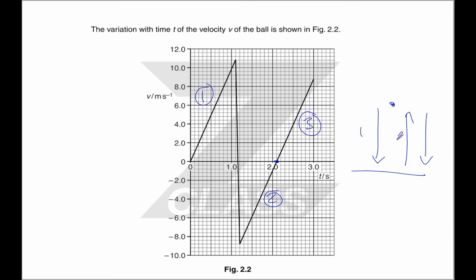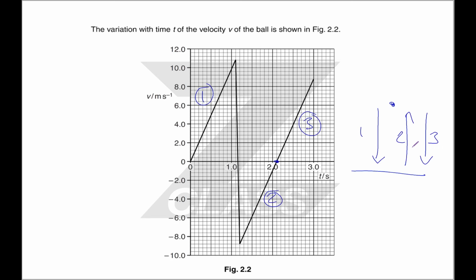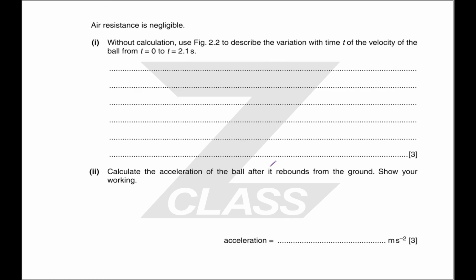And this is 1, 2, and 3. So that's the only kind of nuance to that: this part is where it's rebounding up, and at this point it's not moving because the velocity is 0. Don't get it confused with a displacement time graph.